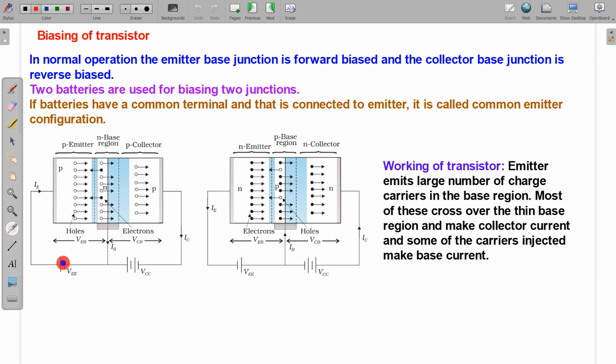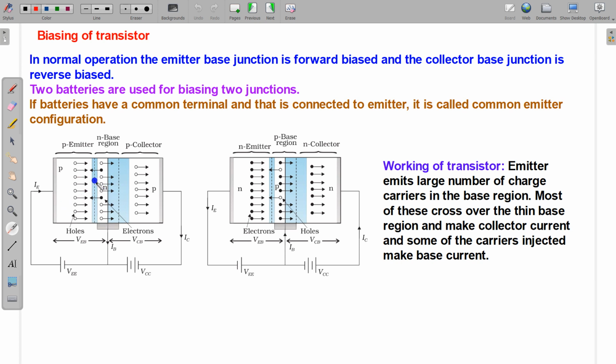If we do forward biasing, then in the case of a PNP junction, these are holes, like positive charges, and these positive charges are pushed towards the base due to this kind of biasing. This is connected with the positive terminal, so these positive charges are pushed from emitter to base.